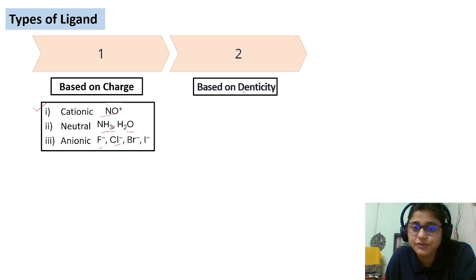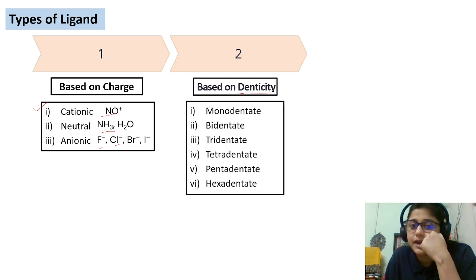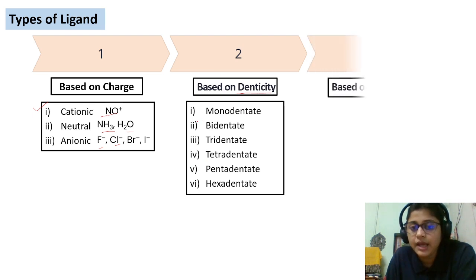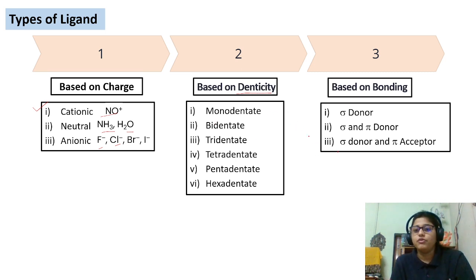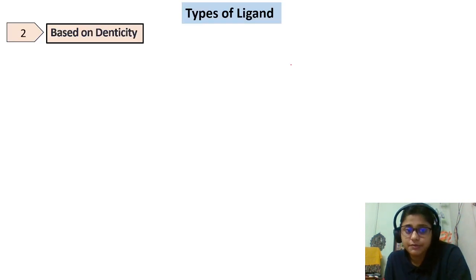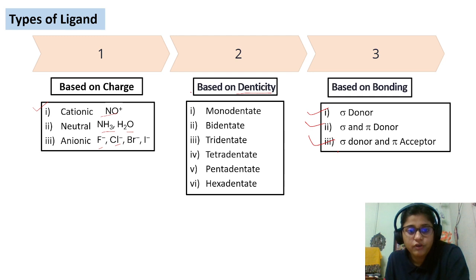To know this, we have to have an idea about denticity; I'll talk about it in the next slide, and you can see various kinds of ligands in this type. And third is based on bonding: there will be sigma donor, sigma and pi donor, and sigma donor, pi acceptor. These are the three types.